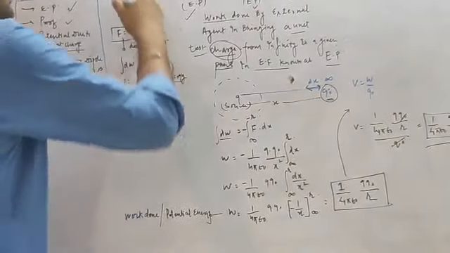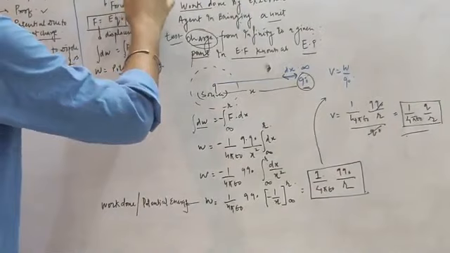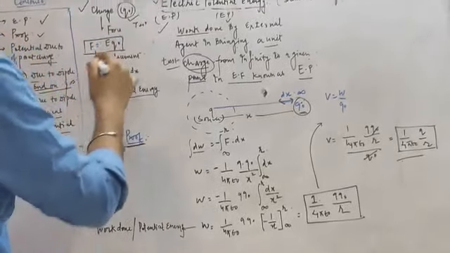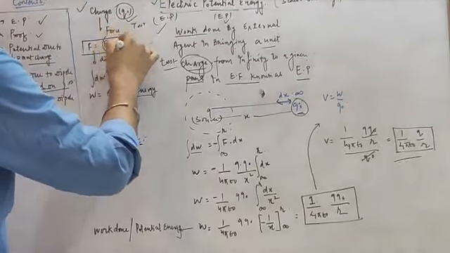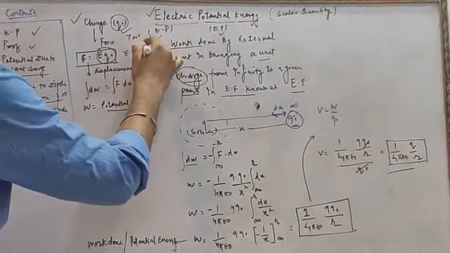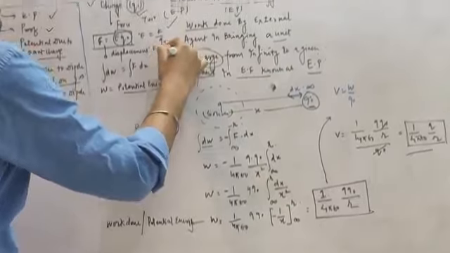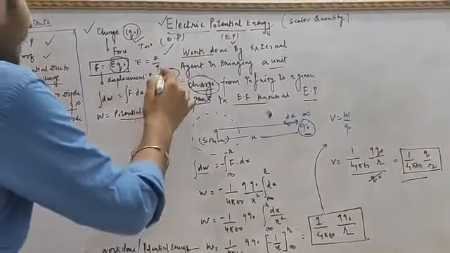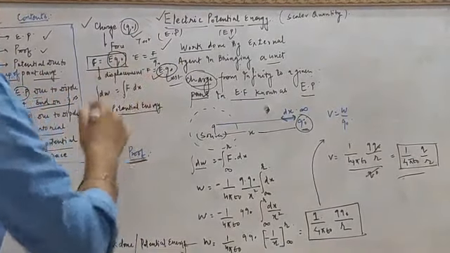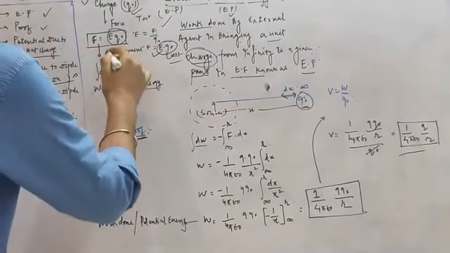One concept we need to understand is how we start electrostatics. First we studied the test charge. If this test charge is under the influence of an electric field, then it will experience a force. We know very well E equal to F upon Q0, so the force will be F equal to Q0 into E. Under the influence of the electric field, this test charge will be displaced.